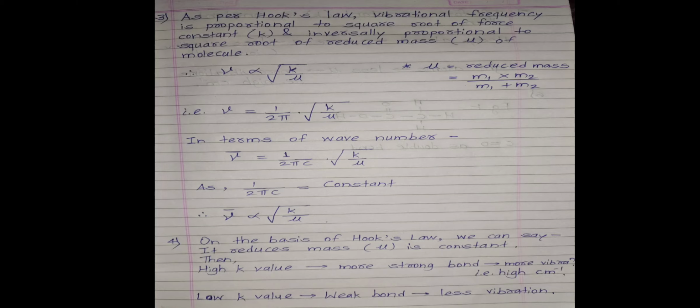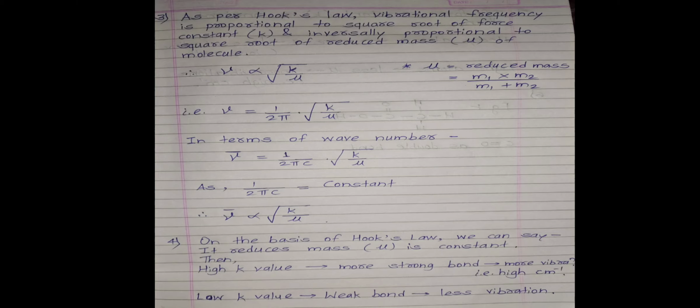In terms of wave number, nu bar is equal to 1 upon 2 pi c into square root of k upon mu, as 1 upon 2 pi c is constant.